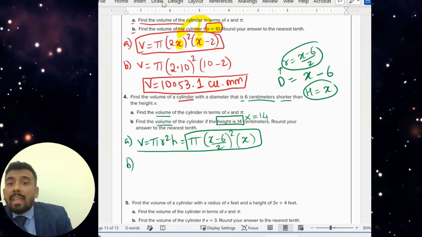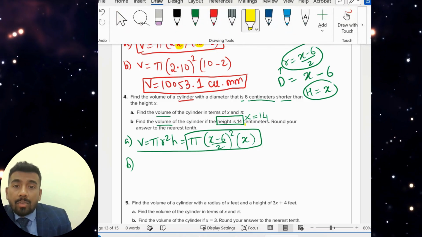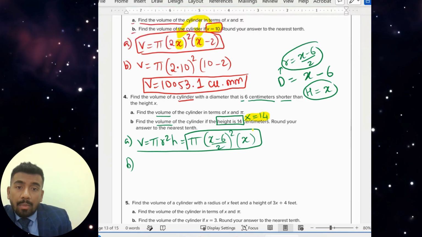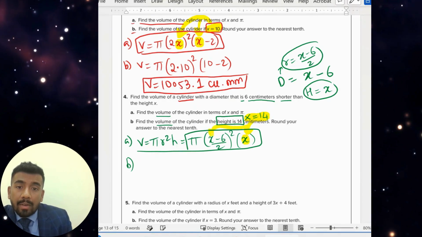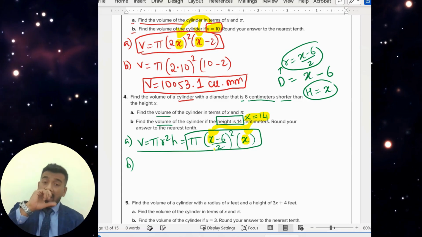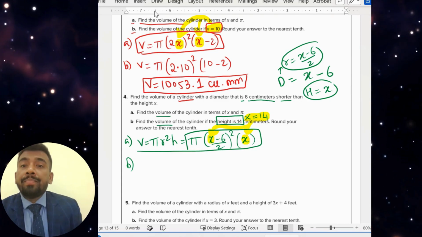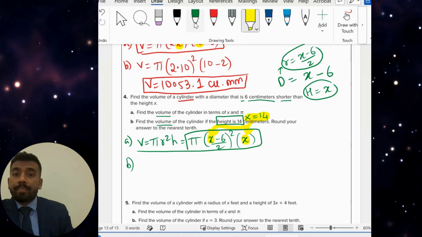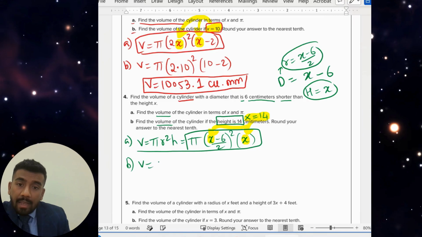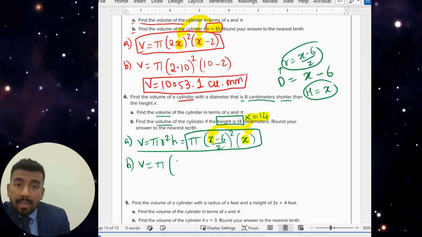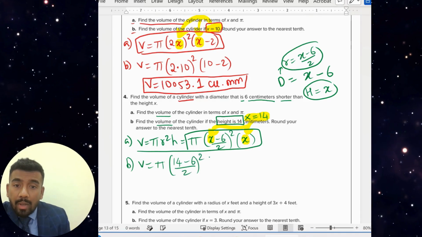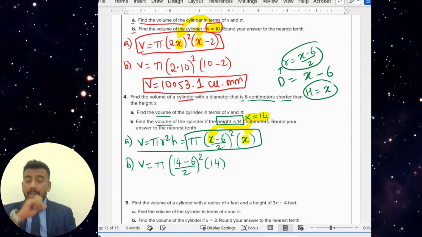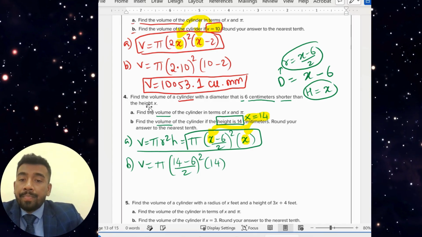So put the 14 again. Your x is 14. Put the 14 back in this x and the 14 back in this x. Mindful of brackets. So the volume is pi times (14 minus 6 over 2) squared times 14. Put it in the calculator.